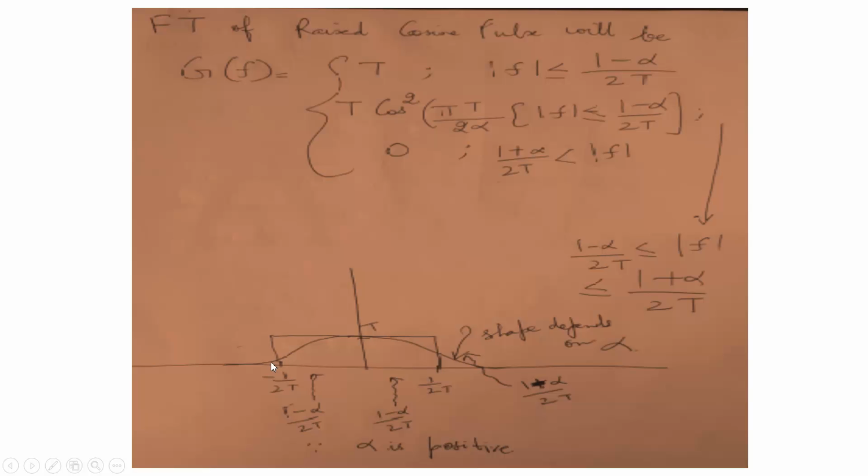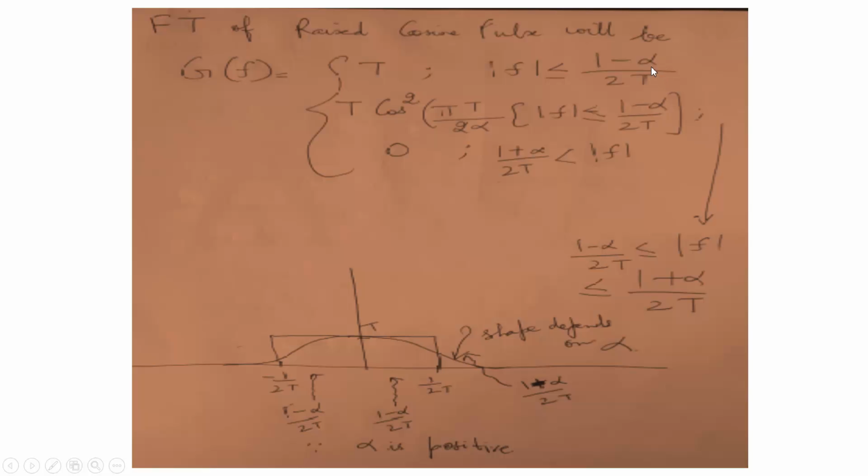The slope of this pulse will depend on α. This point is −1/2T, this point is 1/2T. So when α is equal to 0, the frequency range will be from −1/2T to 1/2T.